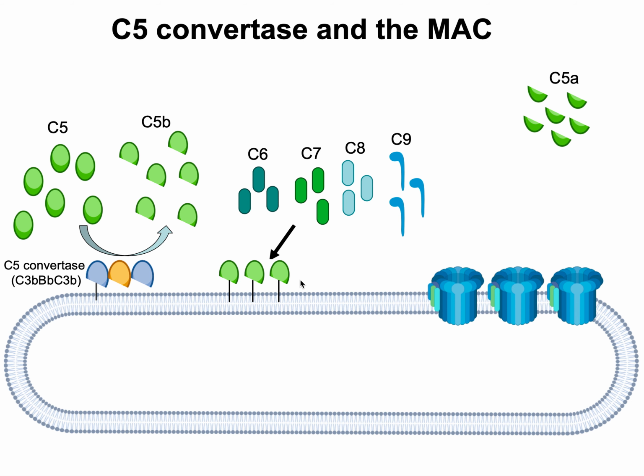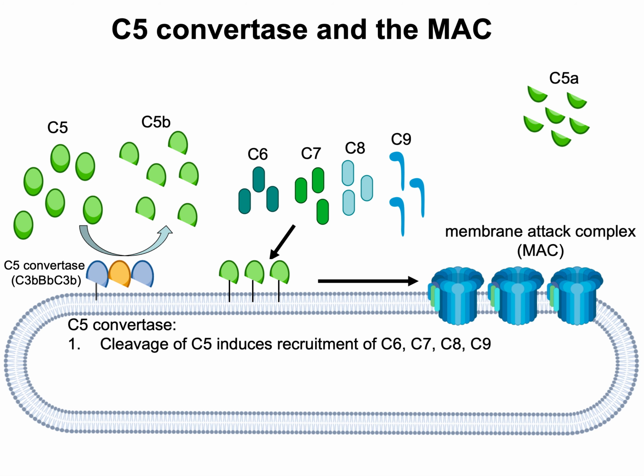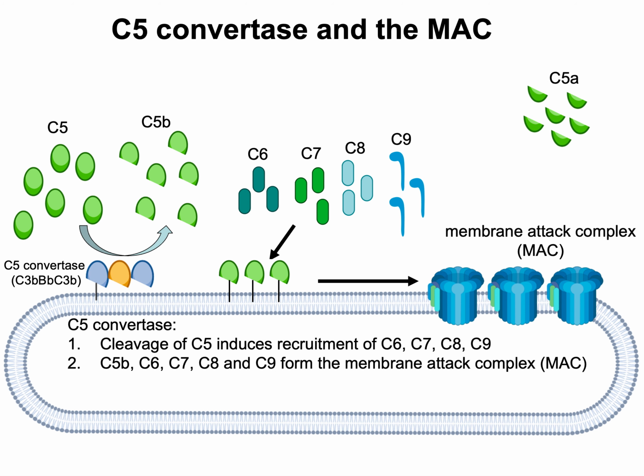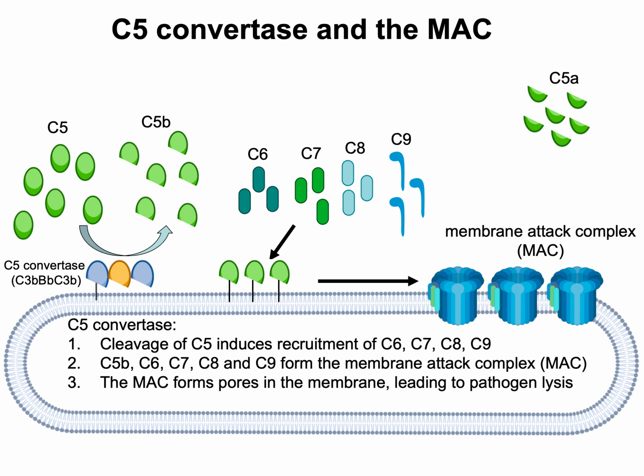When these are recruited, together these molecules form a structure that is called the membrane attack complex, or the MAC. The membrane attack complex essentially functions to form pores in the bacterial membrane, leading to pathogen lysis.